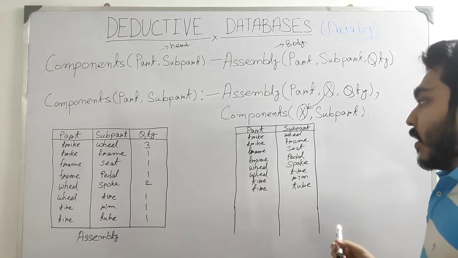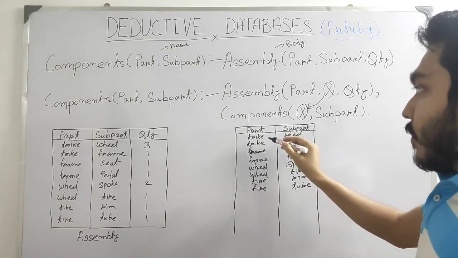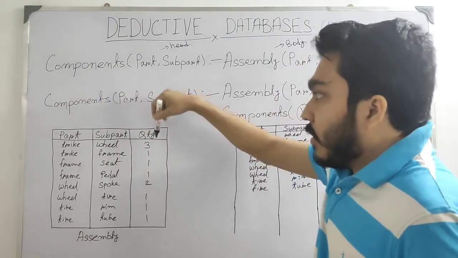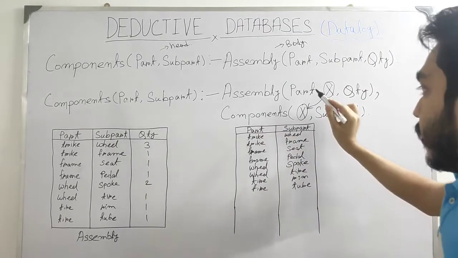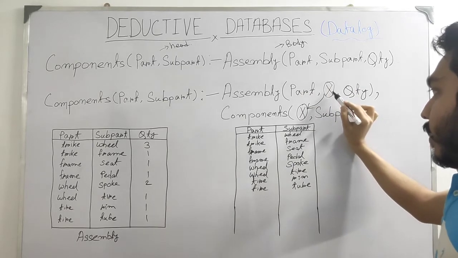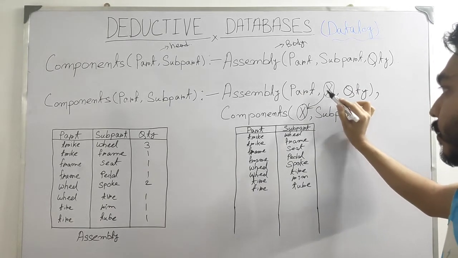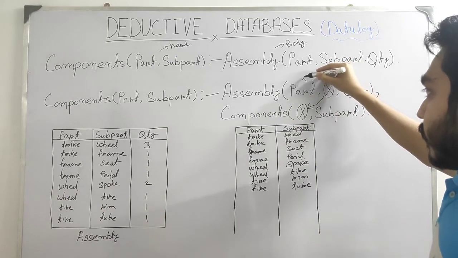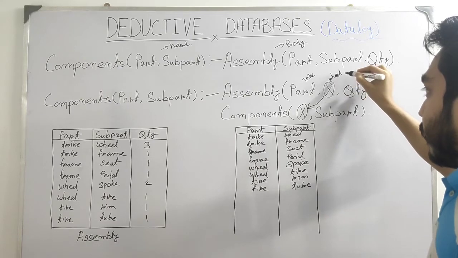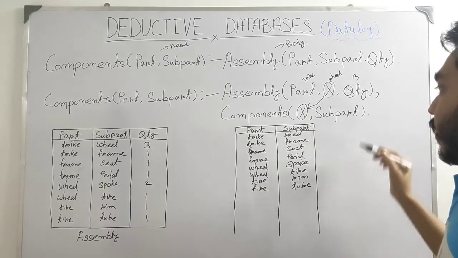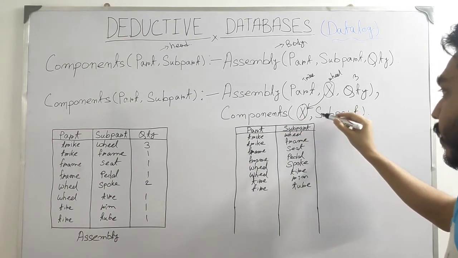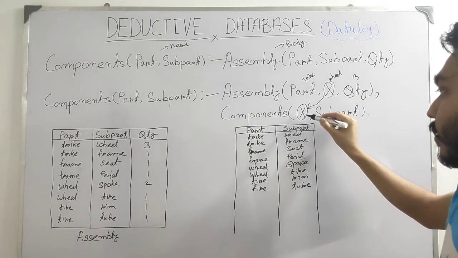So let us try to find out. Take the first tuple: trike, wheel, 3. We get one tuple here, and now we need to search for a tuple. So I am writing it here: this is trike, this is wheel, this is 3, and now I need to search in the component relation for a tuple where wheel is a part.